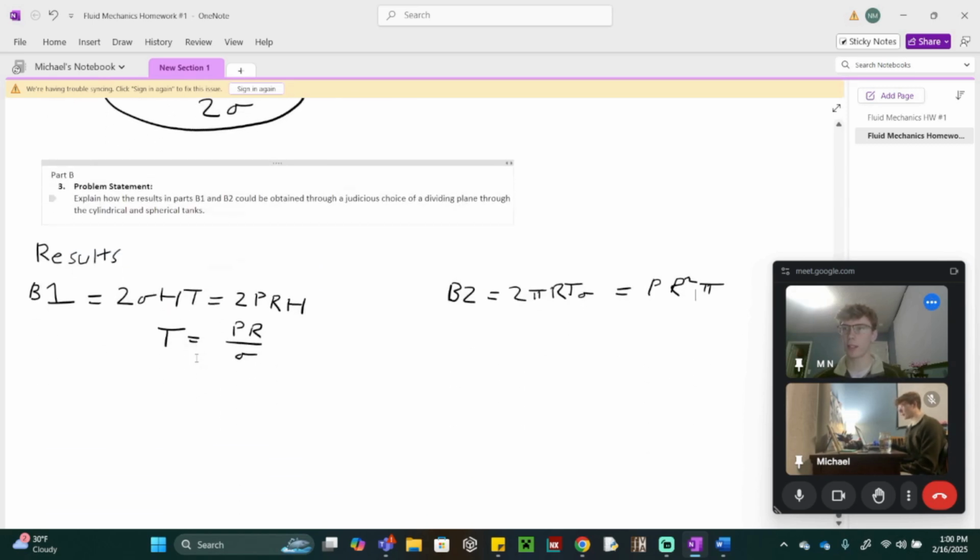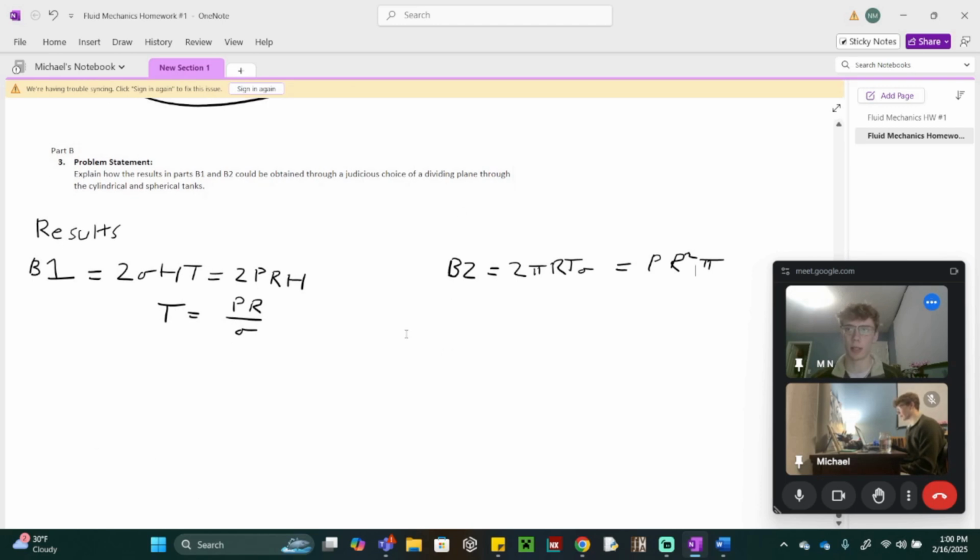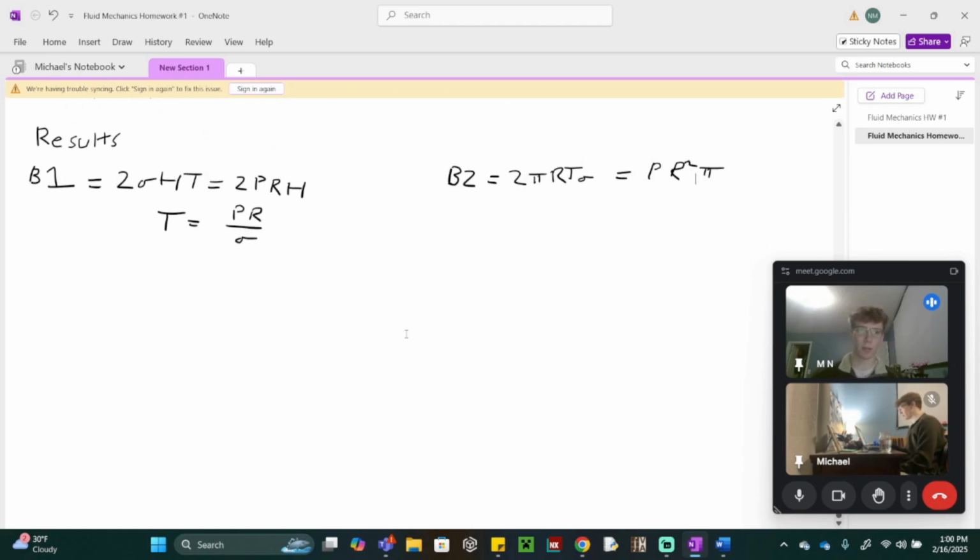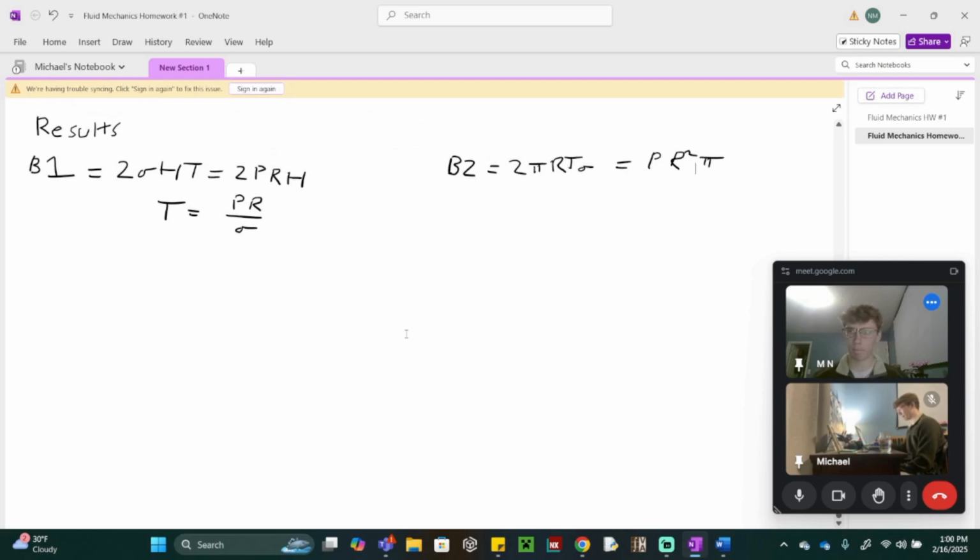So now how could these results be obtained through judicious choice of a dividing plane through the tanks? First I'm going to start with the cylindrical tank, so we're going to draw it out.